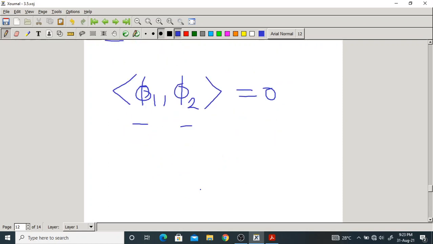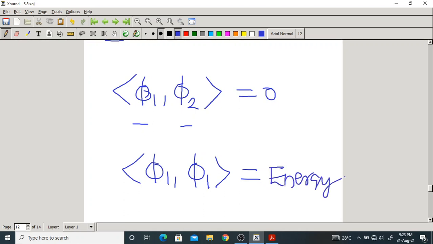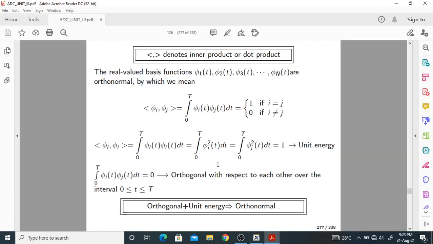So what is the inner product of a vector with itself? Can you tell me this? What is the inner product of a vector with itself? Actually, it is nothing but energy. So what exactly do I want to say here? What is the inner product of phi i and phi j?